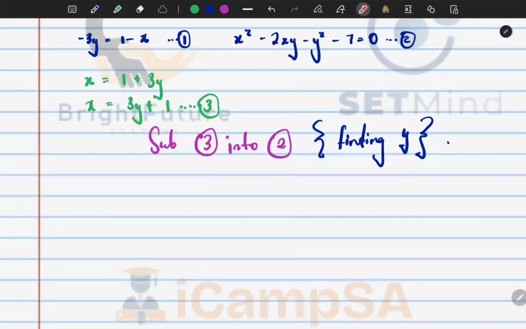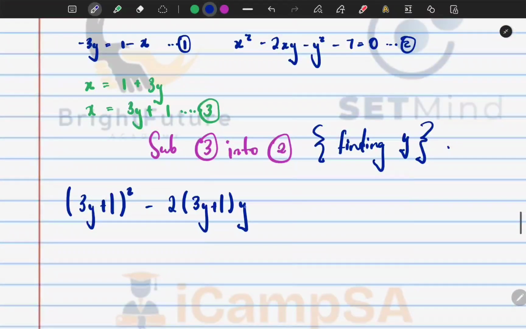So yeah, let's do that. So now what I'm going to have is (3y plus 1) all squared minus 2 into (3y plus 1) times y, right, minus y squared minus 7 equals to 0.